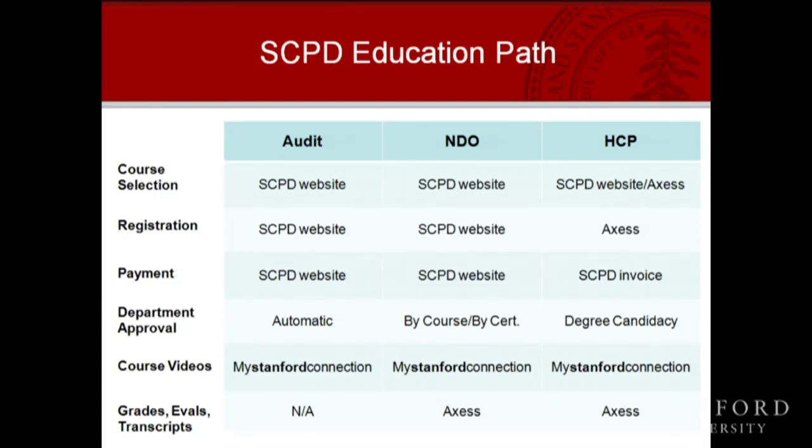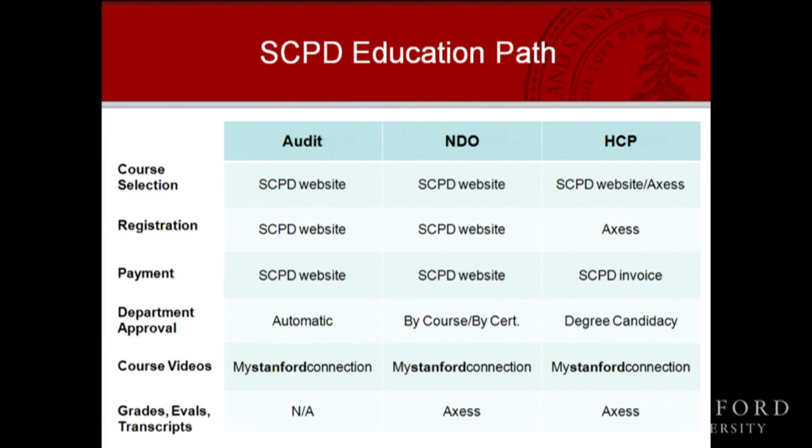Okay. So this is just a kind of mapping system so you can see how these different students engage and where they find the information that they need to enroll, look at grades, and pay their tuition. You can see that for the audit, NDO, and HCP students, for course selection you would look at the SCPD website.